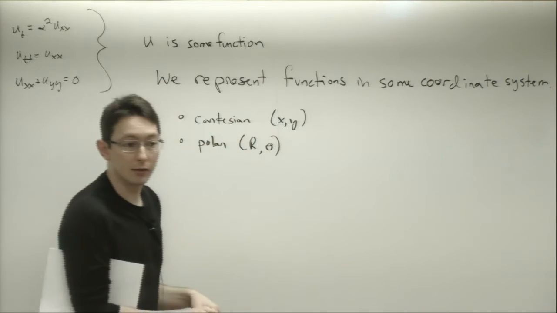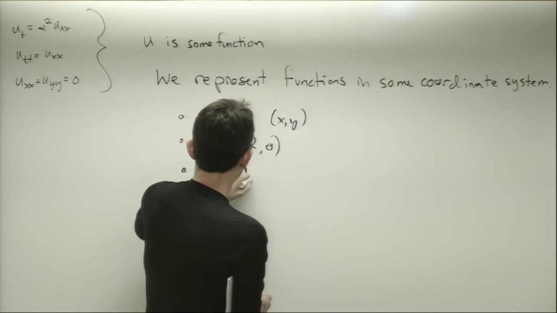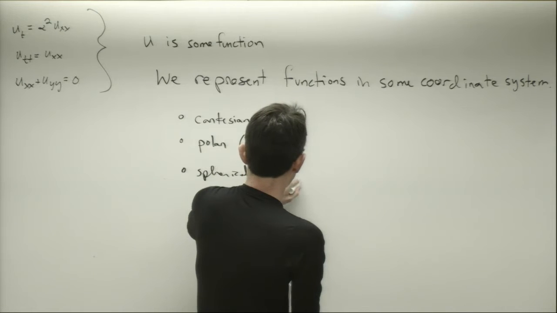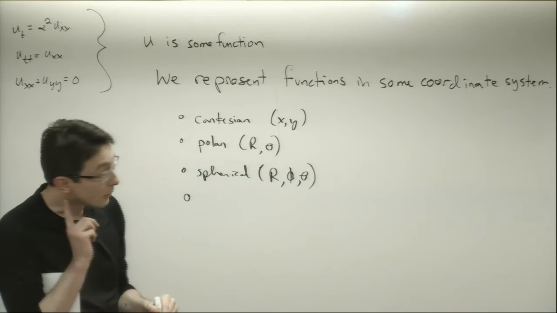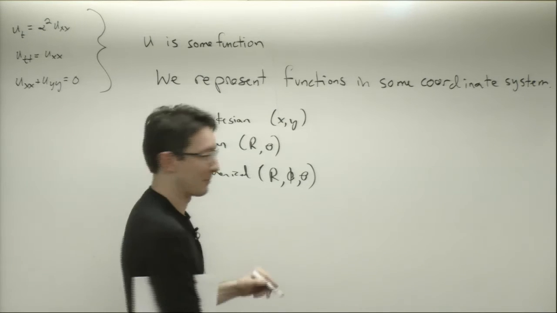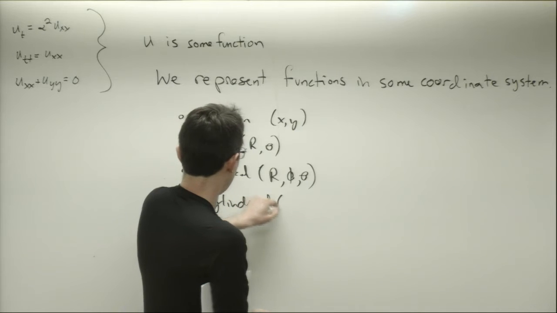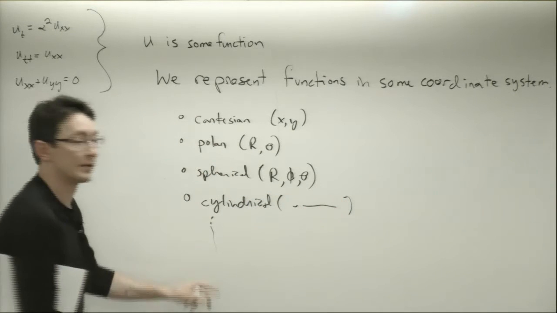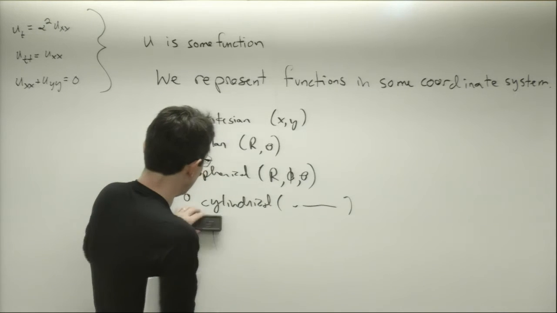Some other ones. Spherical, r, phi, and theta. Some other ones. Sorry? Quaternions. We'll just skip that one. Cylindrical, and so on. So there's lots of specialized coordinate systems that we use to write equations.